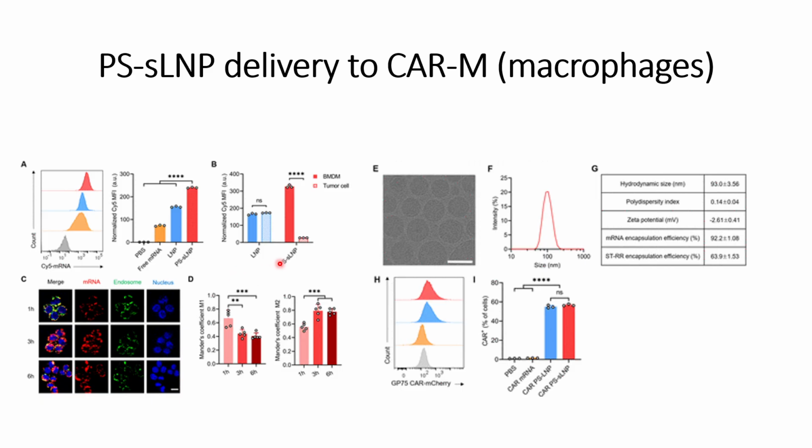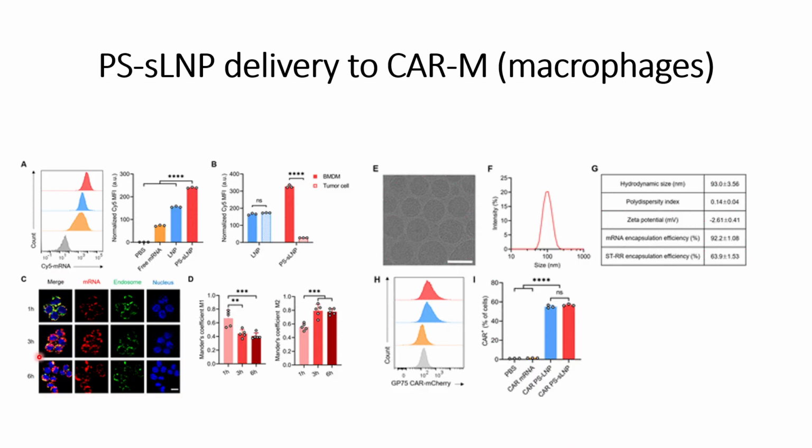In the traditional method they see expression in both the tumor cells and the bone marrow derived macrophages. But in the case of PS-sLNP, they see preferential Cy5 expression in the bone marrow derived macrophages compared to the tumor cells, because of the eat-me signal, that is PS, present in the LNP.